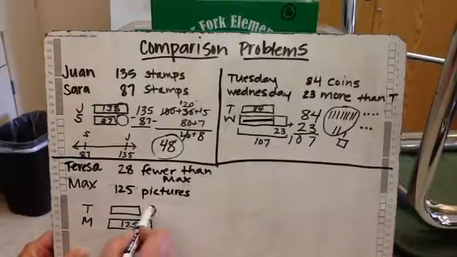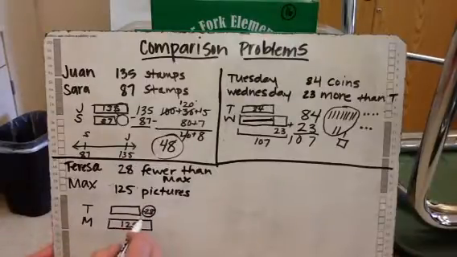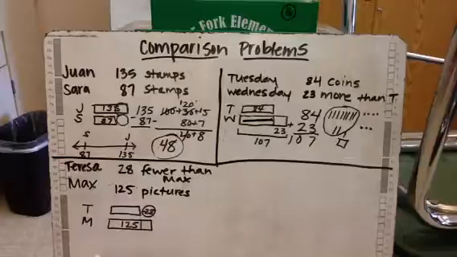This part here is 28 less. This part here means he has 28 more than her. So if I take what Max has and I take away what he has extra, they would have the same amount. You see that here? If we take away what he has extra in his pile of pictures, they'll be equal.